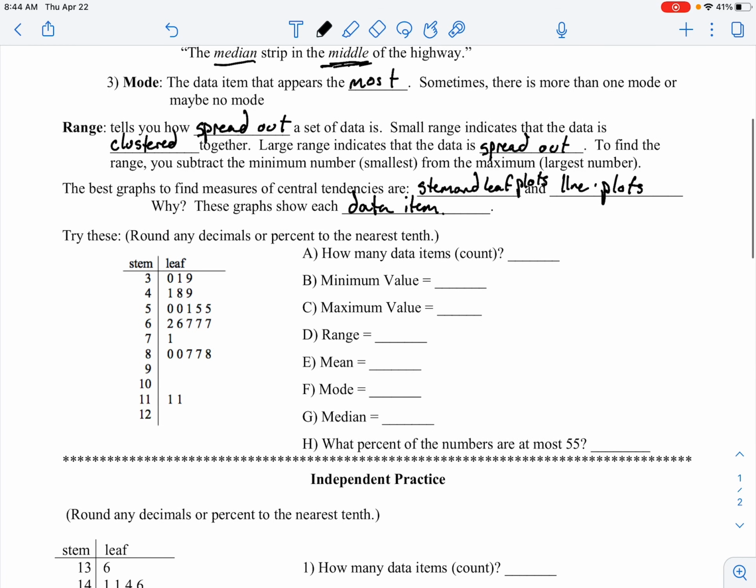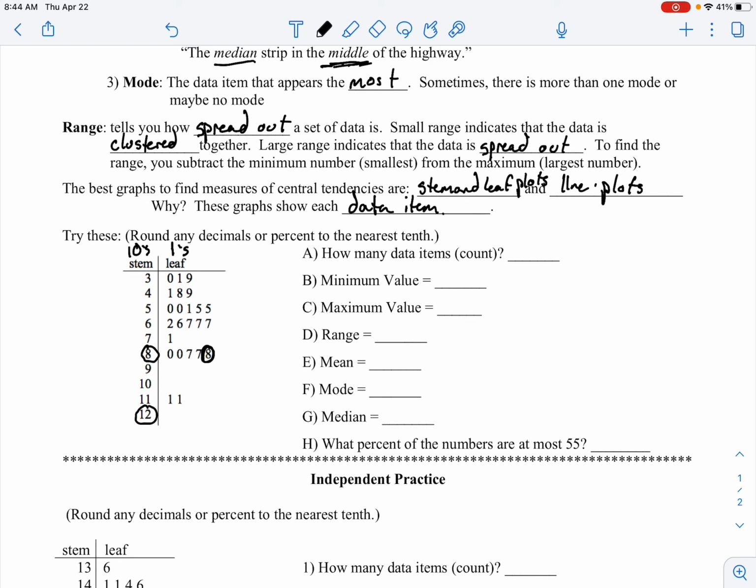So we're going to work these together. Stem and leaf plots, if you've never seen them before, can look a little funny. The stem here is the tens place, and the leaf is the ones place. If I take this number here, that represents the number 88, because we have an 8 in the tens place and an 8 in the ones place.